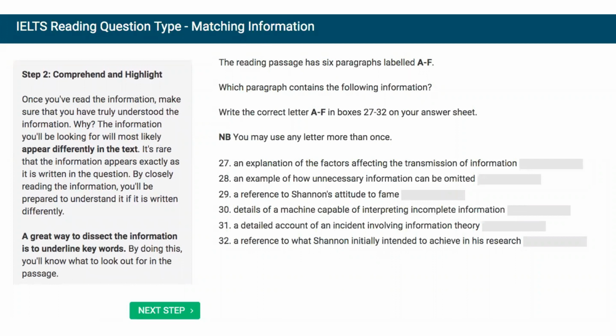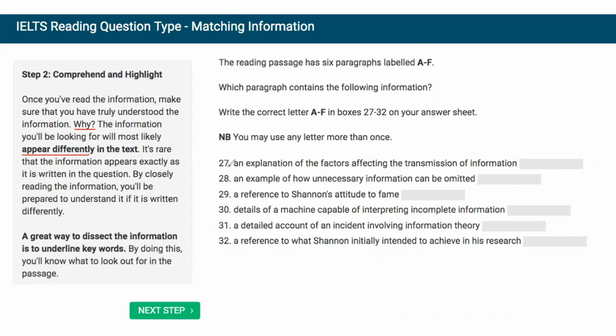So we want to comprehend and highlight the information that we've just read. We need to make sure that we really understand this information. And the reason why is because the information we'll be looking for in the text is going to appear differently. This is perhaps the biggest piece of information that we really need to understand about the matching information question type.